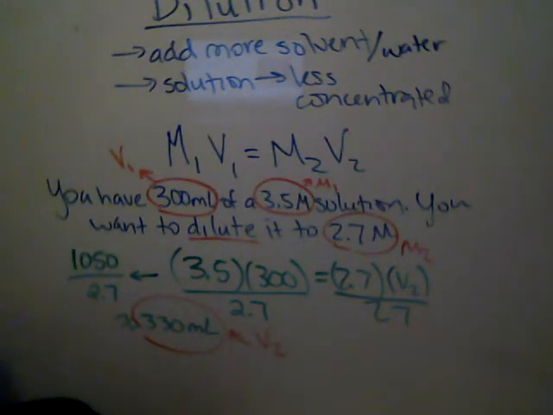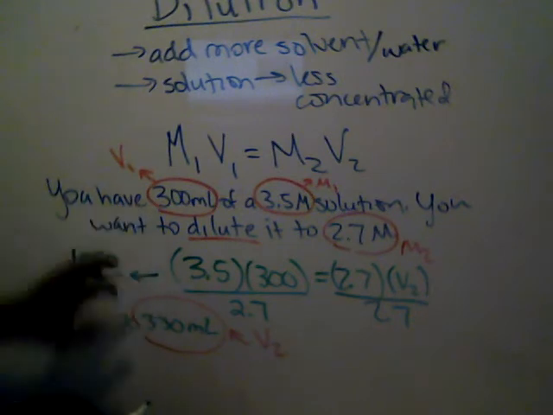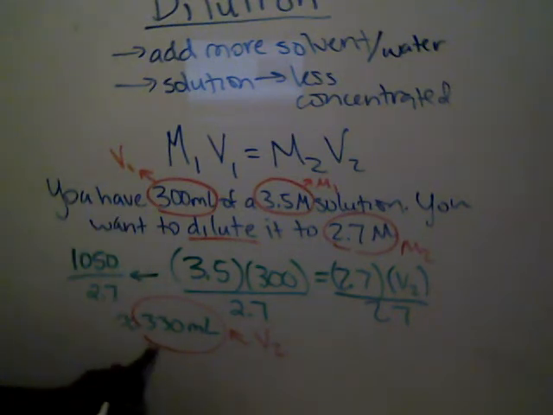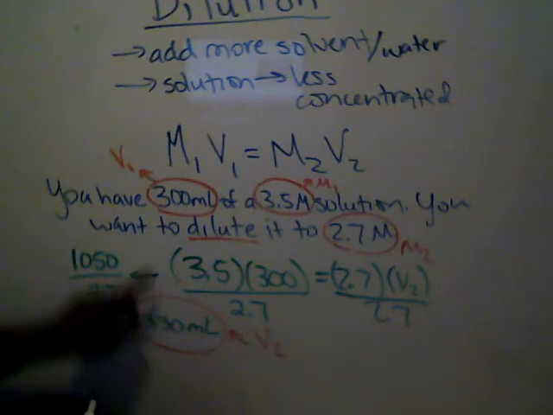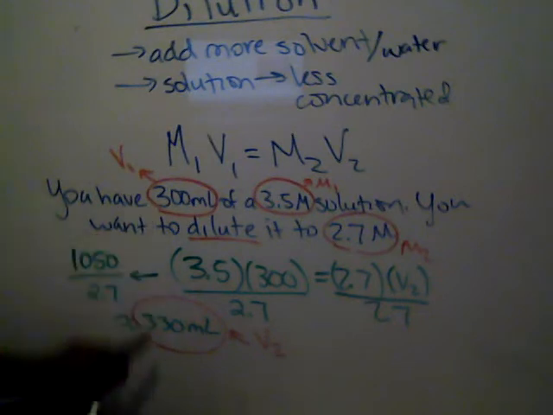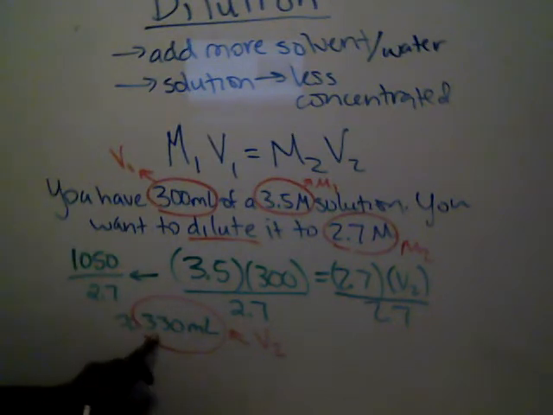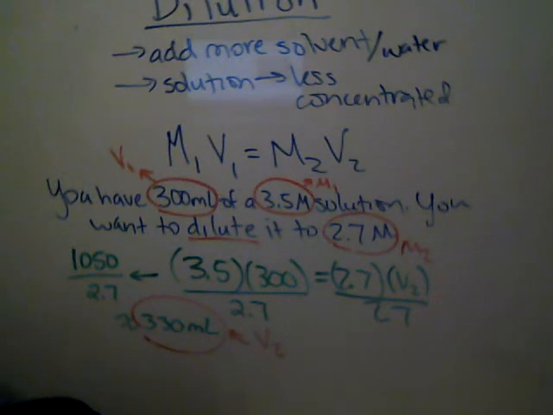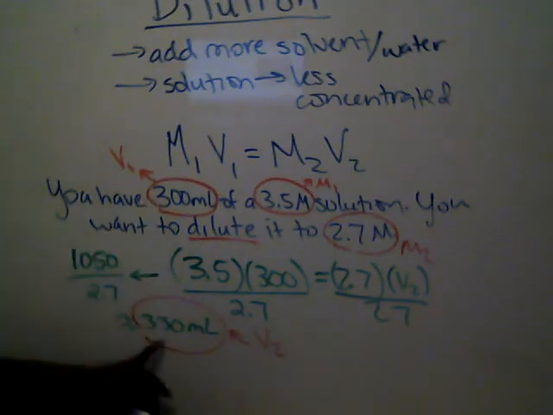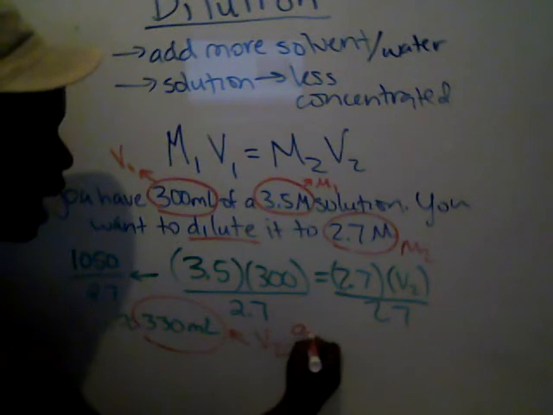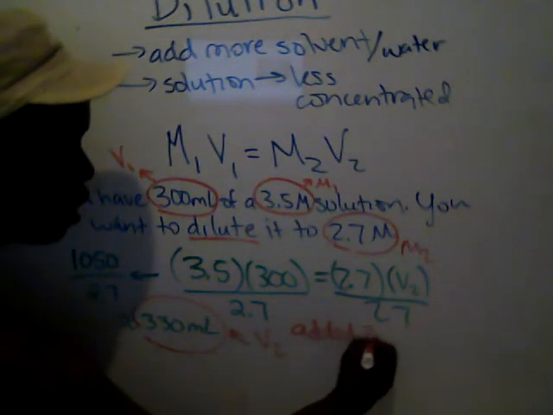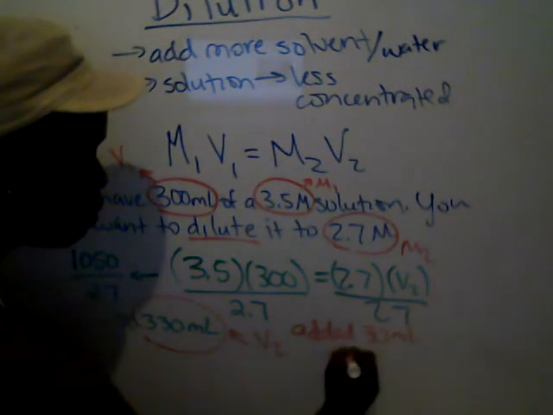Okay? So our initial volume was 300, but our final volume is 330. So what did we actually do to dilute it? We actually added 30 milliliters of water. So if we notice, the volume started at 300, but now the final volume is 330. So the difference between those is how much solvent we added. So if we started with 300, but we ended with 330, we actually added 30 milliliters of water.